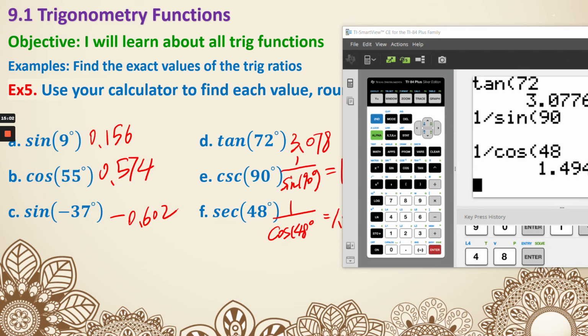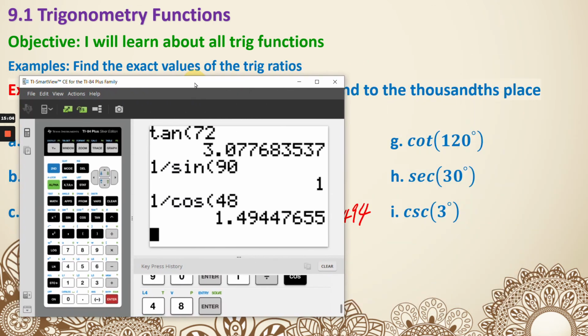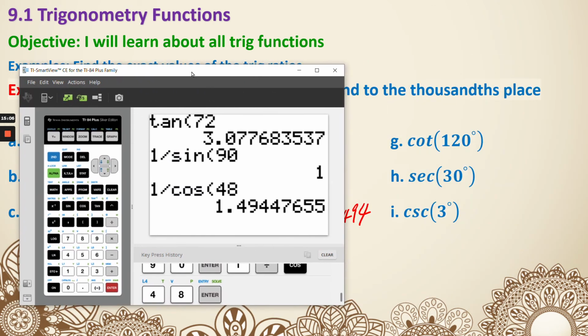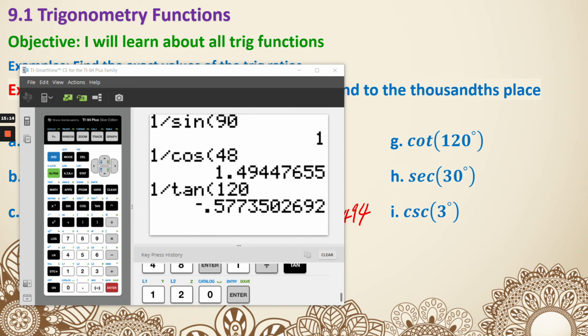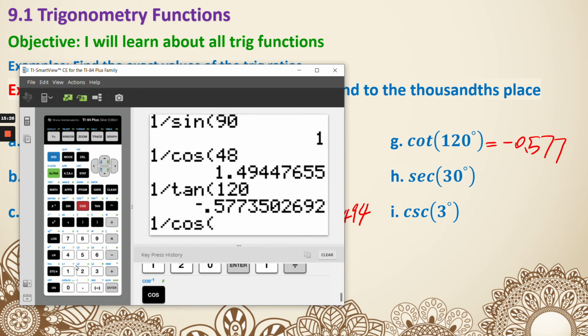Okay, so for the non-common ones, we're always going to use the reciprocal to find it. So cotangent 120, we are going to do 1 divided by tangent 120. That is going to give us negative 0.577.